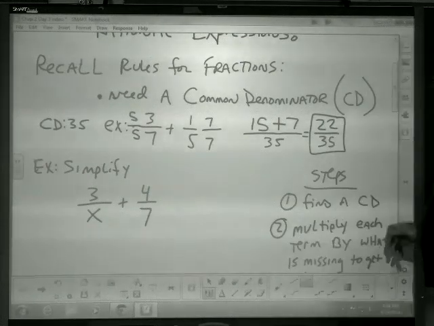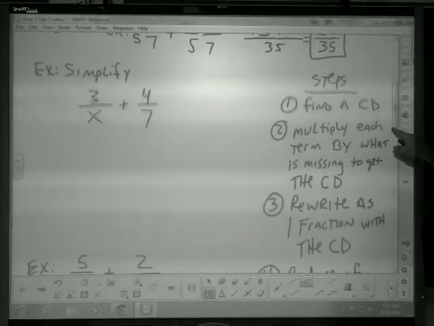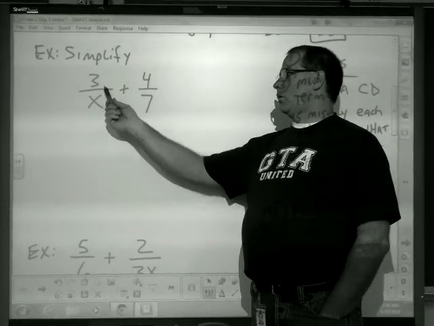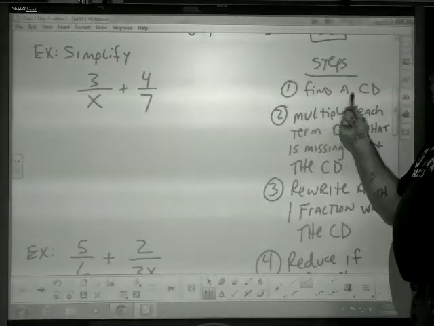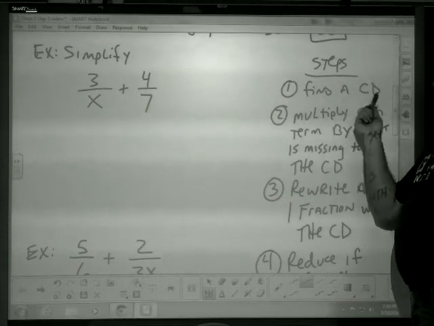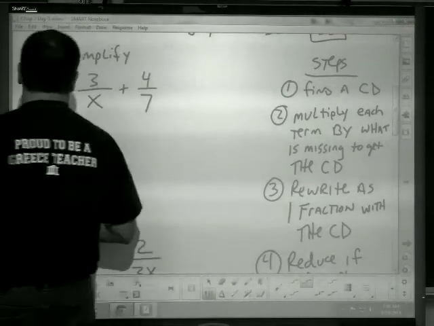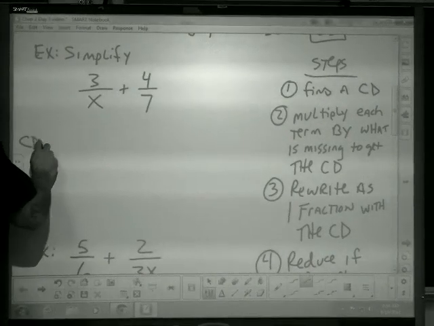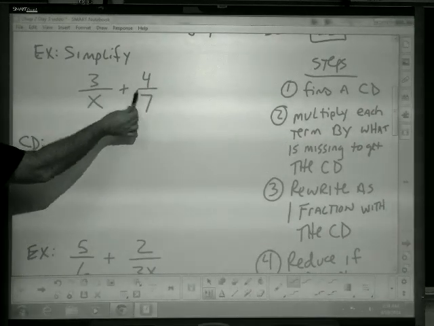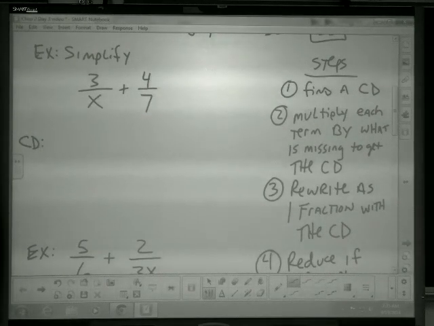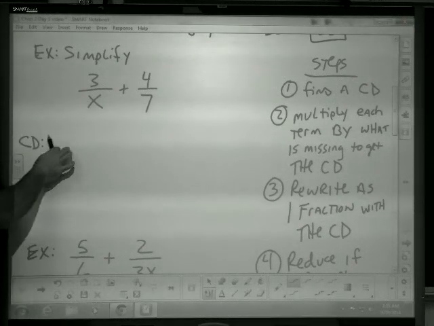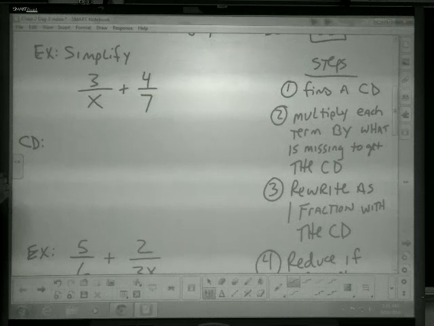Now, in Algebra 1, you worked with problems that had x's on the bottom, all right? So same thing. First, find a common denominator. The first step, find a common denominator. So, if I have numbers and letters, everything has to be represented in my common denominator.